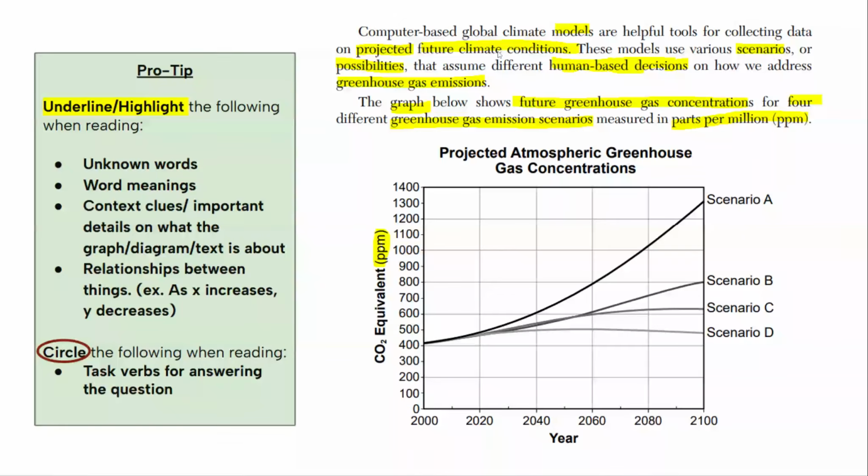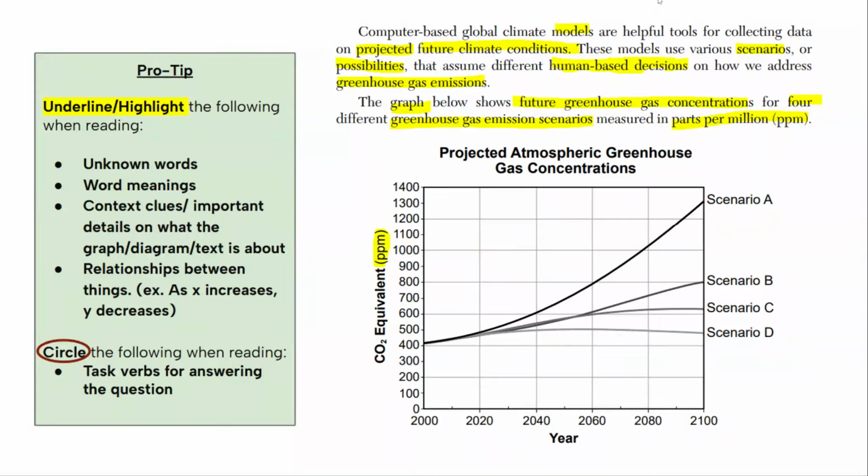So it says computer-based global climate models. I'm underlining or highlighting models because we've seen this a couple times before, are helpful tools for collecting data on projected future climate conditions. This might be an unfamiliar word overall, so I'm highlighting that. These models use various scenarios or possibilities that assume different human based decisions on how we address greenhouse gas emissions.